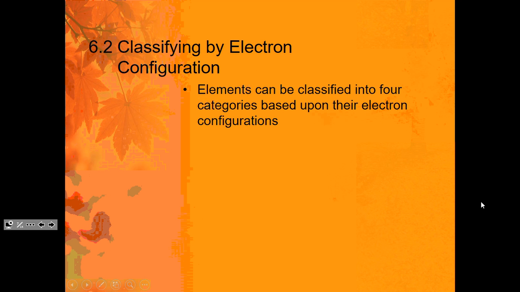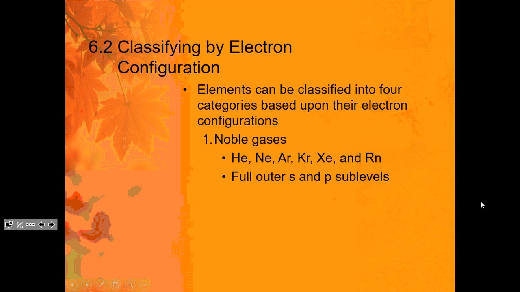Now, other ways that elements can be classified. One is by certain names on the table, and we'll look at a couple of different ways of naming certain regions of the table. One of the important families that we've already seen are the noble gases, the far right of the periodic table. In noble gas electron configuration, we were using the noble gases to skip a bunch of inner level or core electrons.